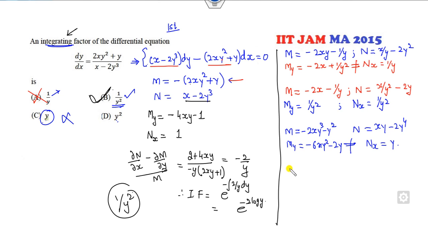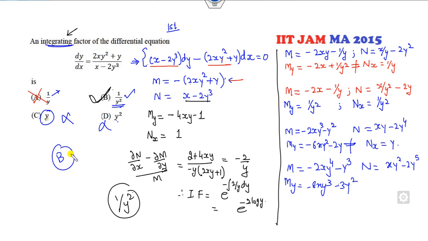Similarly, you can verify it. If I multiply this by y square, then it will be 2xy raised to power 4 minus y cube, and N will be xy square minus 2 raised to power 5. So clearly, if I take y, it will be cube, but it will not appear in any of these, so that will be cancelled.